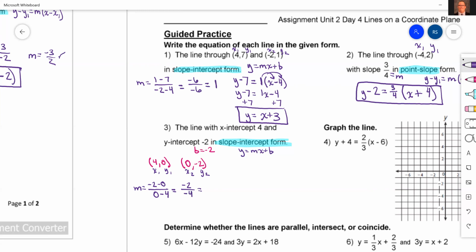Now, what's -2 divided by -4 reduced to? 1/2. Good. Well, we have our m now. We've got our b. Let's write our equation. y equals 1/2 x minus 2. There she goes.